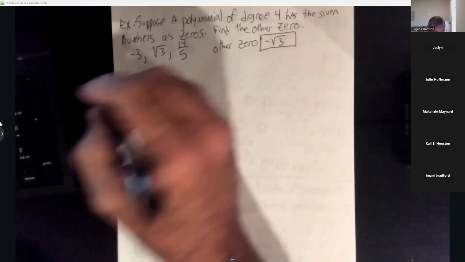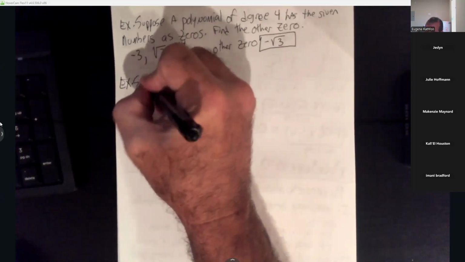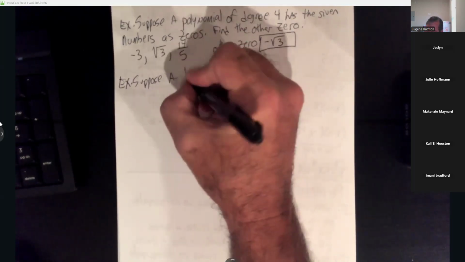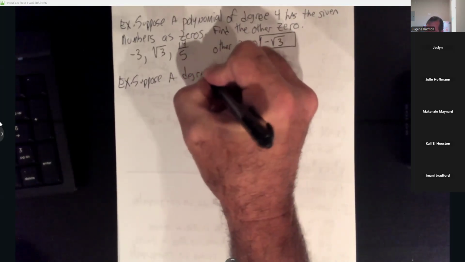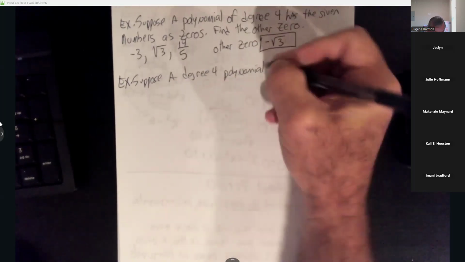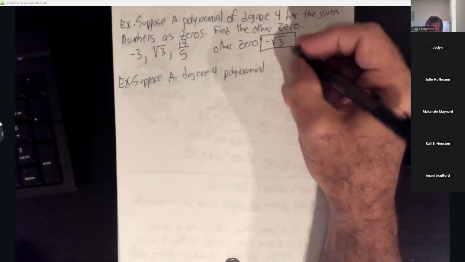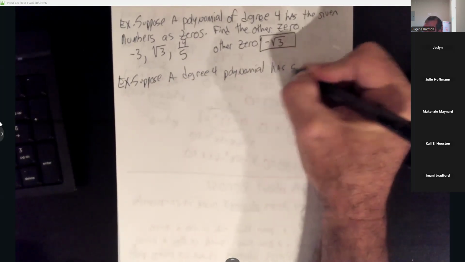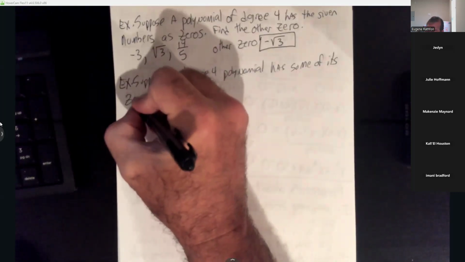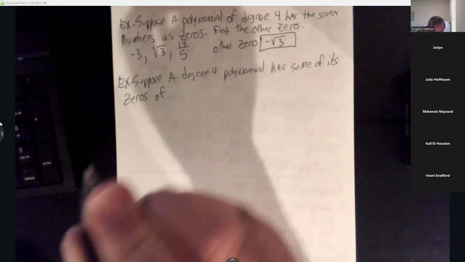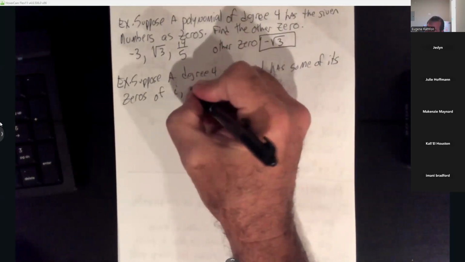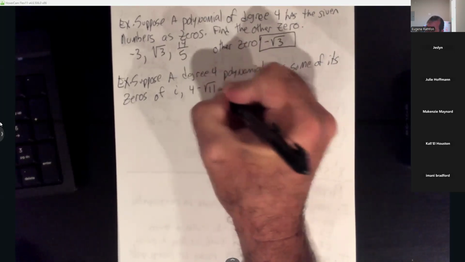All right, try this one. Suppose a degree 4 polynomial has some of its zeros of i and 4 minus square root of 11.